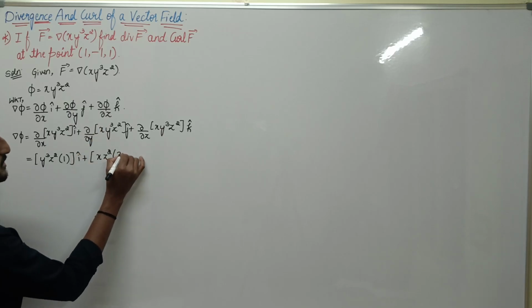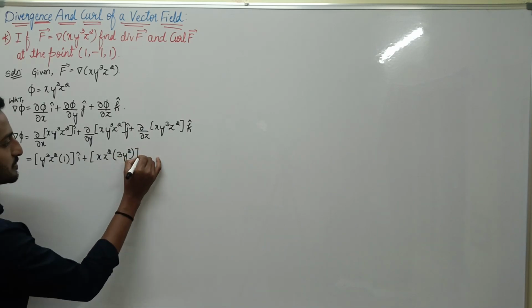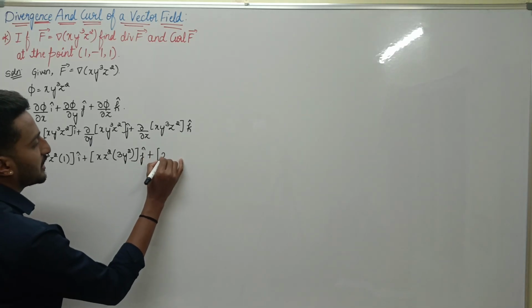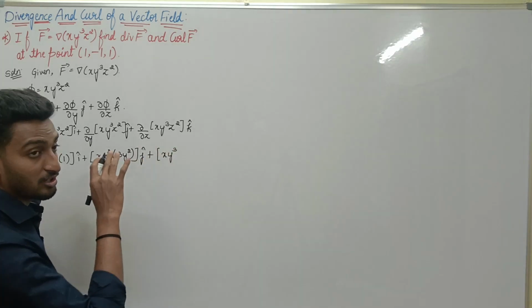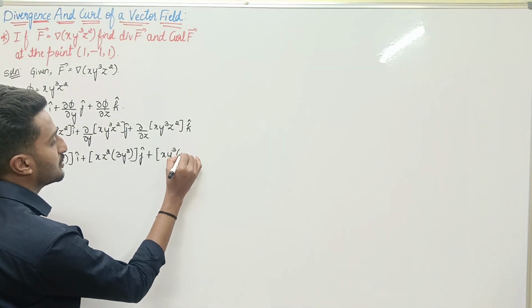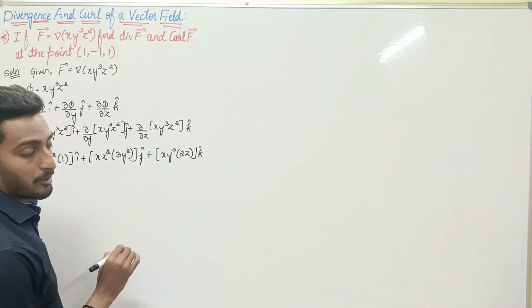Differentiation of y cube is 3y square, with respect to direction j cap. Next, with respect to z, x y cube remains constant. Differentiation of z square is 2z, into k cap.